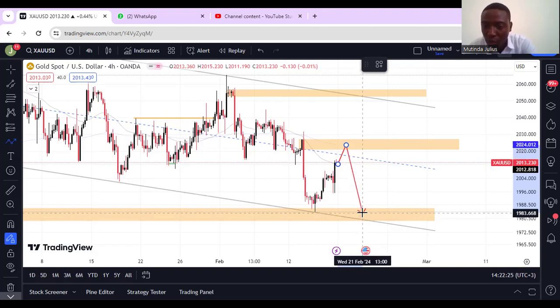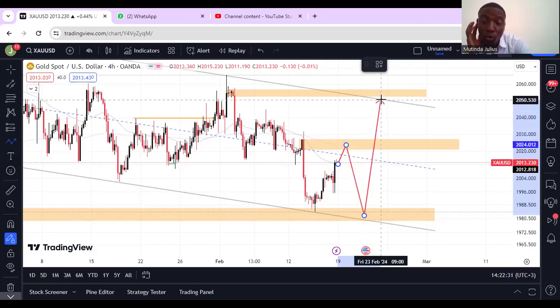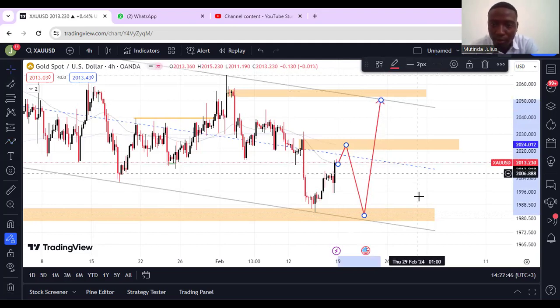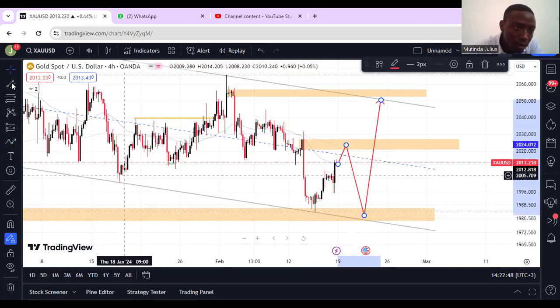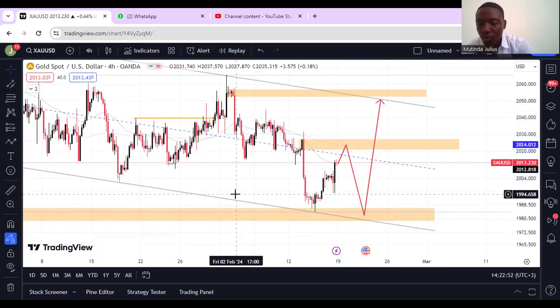And then after a confirmation, we will buy from here all the way to 2050, but we will look to sell if the market goes to 2056, if there's a probability of the market maybe giving an FTC or an FTP up there. So that is the expectation when it comes to that instrument. That is the movement we can expect when it comes to gold.